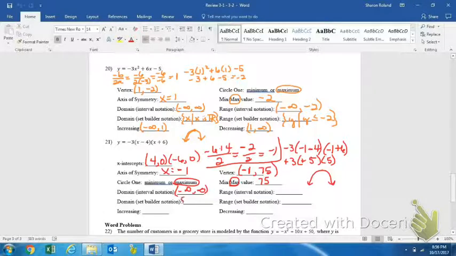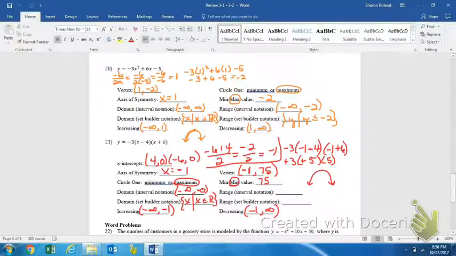In set builder notation, it is x such that x is in the reals. It increases from negative infinity up to the x value, which is -1, and it decreases from -1 to infinity.